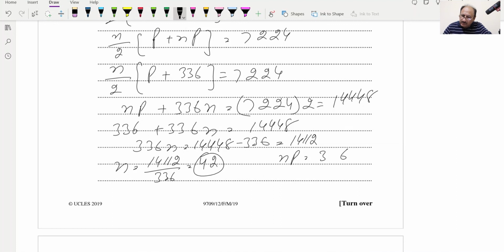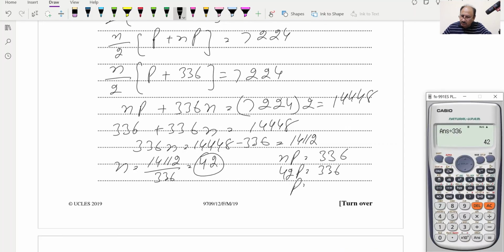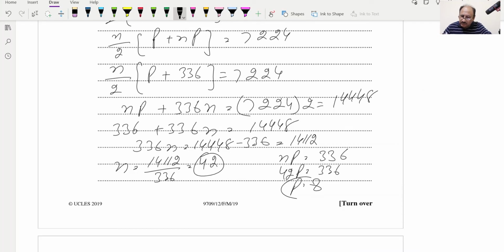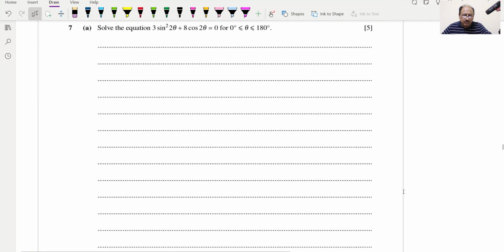So we will replace the value of n, which is 42: 42p is equal to 336, and p will be equal to 336 divided by 42, which is 8. So the p value is 8. We got the p value and we got the n value as well. This is done.